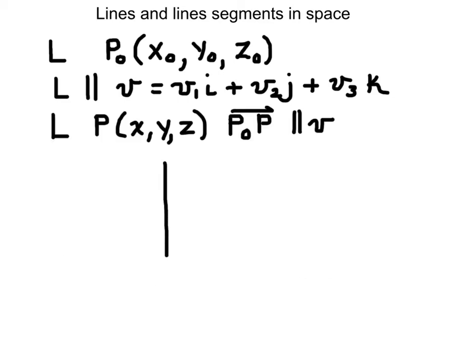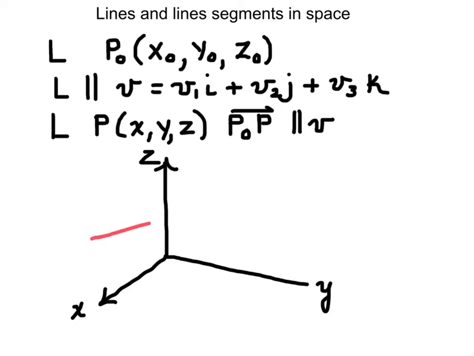Here's our z-axis and our y-axis and our x-axis, and we'll label these. Here we go, x, y, and that's our z-axis. And we're going to draw our line L. So here's L, and this line is a line segment. We have a point on line segment L right here, P naught.